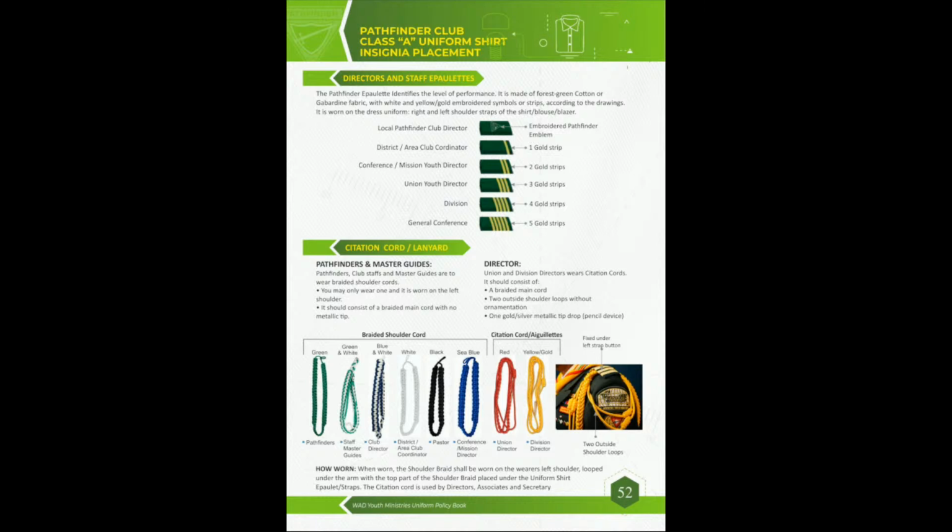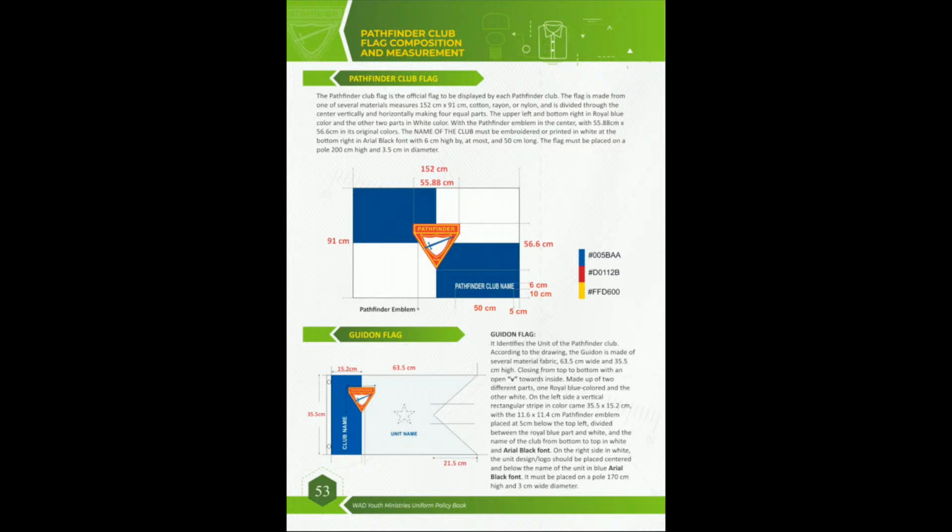So this is our Pathfinder flag. It should be like that, and should have the good measurement for it. And we can have these Gideon flags that we can use for Adventurers while they are marching.